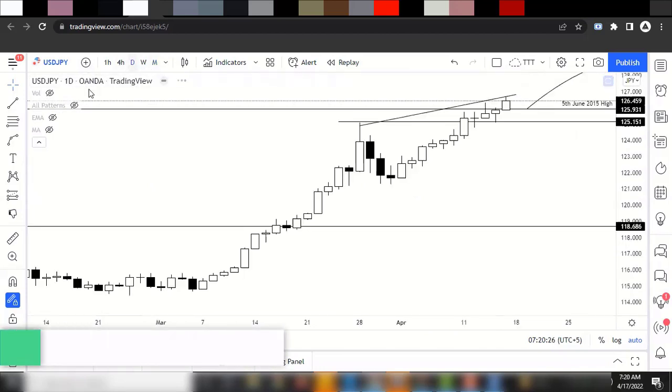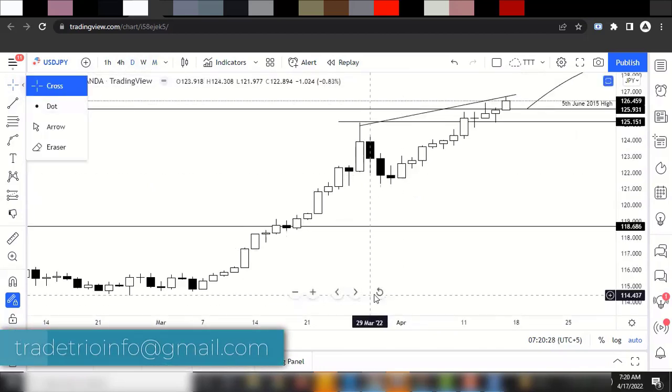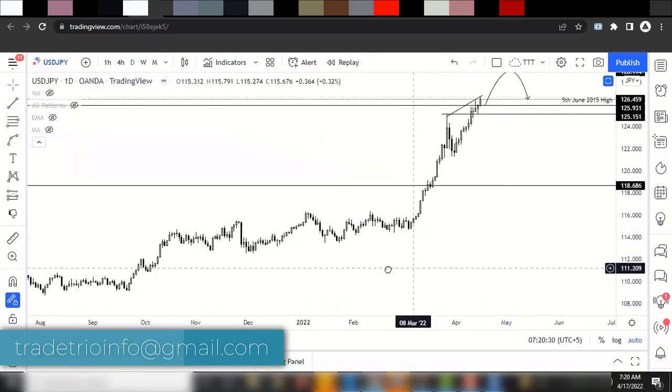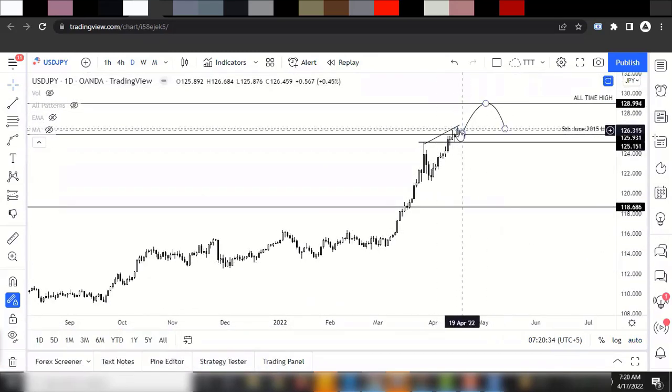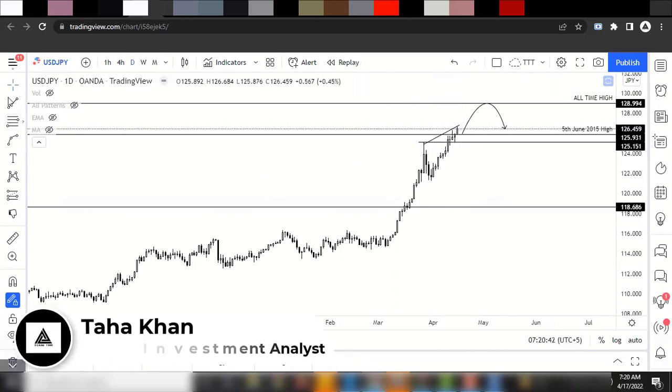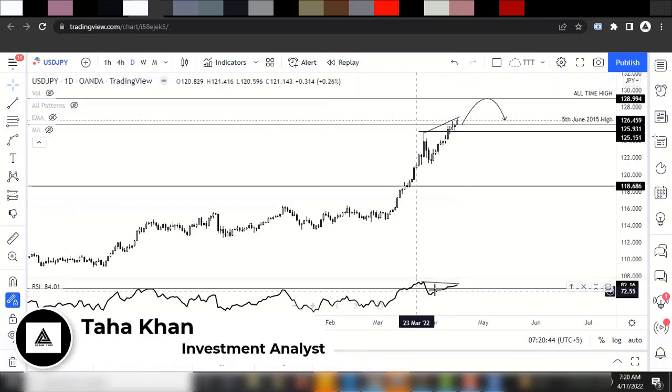And now let me come back to the daily view. This might be the last leg, or the last bullish rally which we can witness in USDJPY. Do not buy on the current level because we have a bearish divergence.